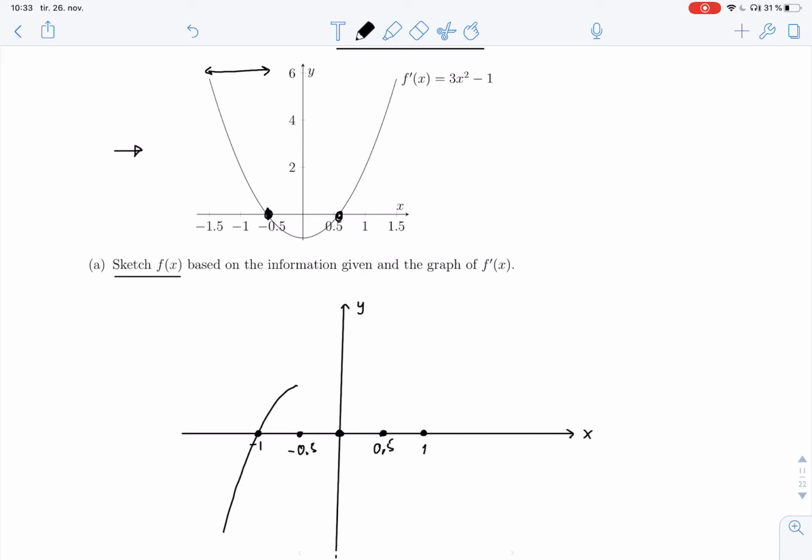The derivative is negative, so the graph needs to go down. And then we have a positive graph from 0.5 to 1. It needs to go up again. So we have maximum and minimum points where the derivative is 0. So this has to be the maximum and minimum points.